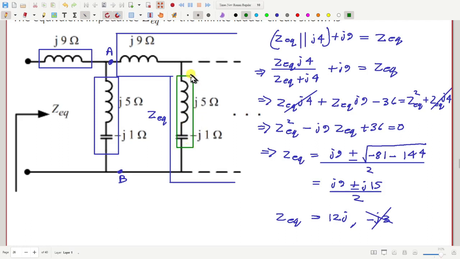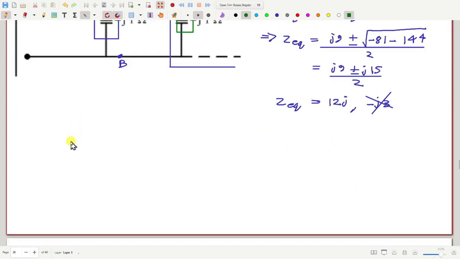So overall this green branch is inductive. Together with that we have another inductor. Inductor in series with inductor is another inductor, and then again another inductive branch in parallel. So overall, that's the point.